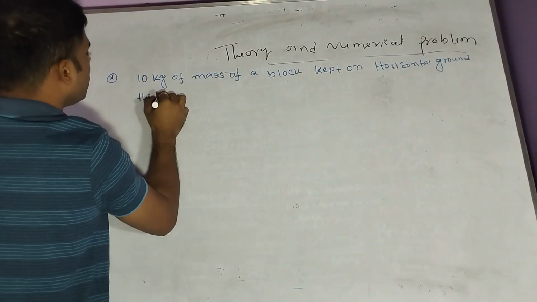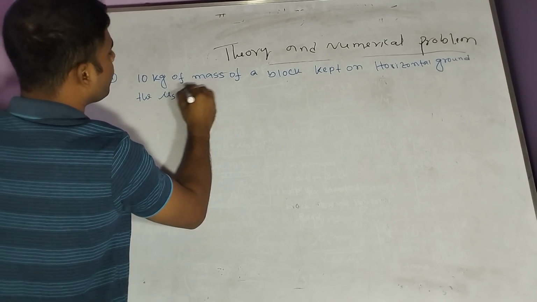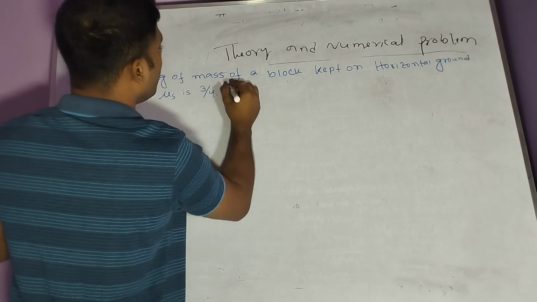The mu s value, that means the coefficient of static friction, is 3/4.